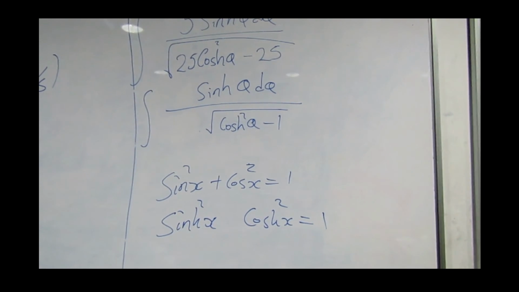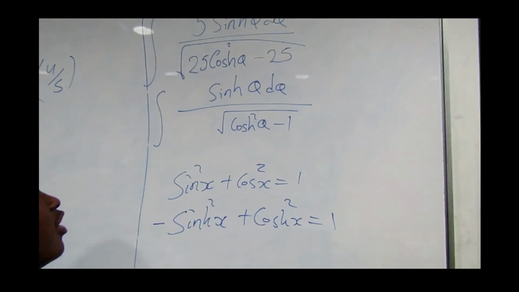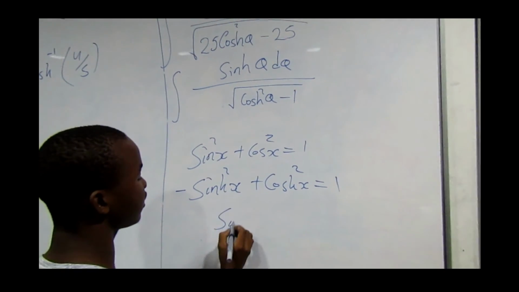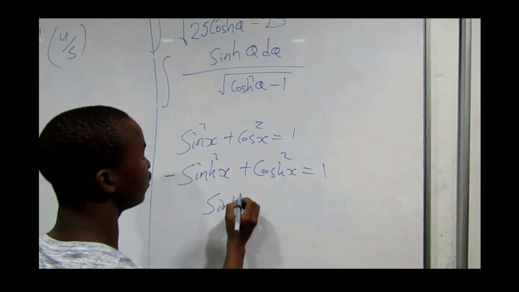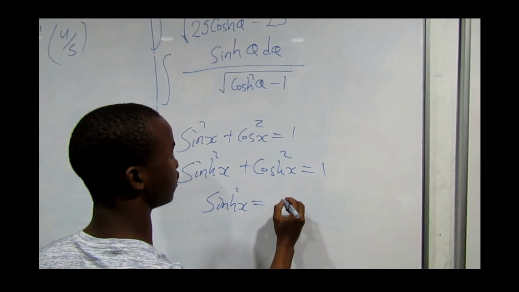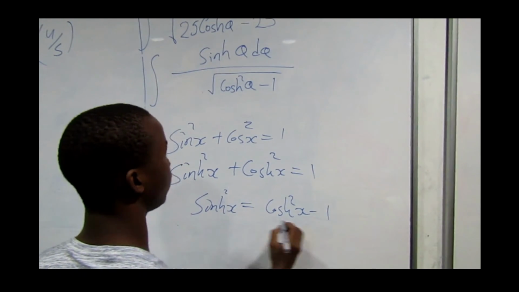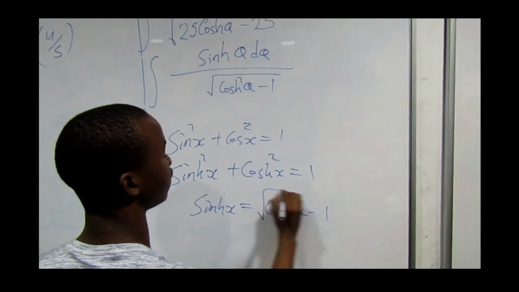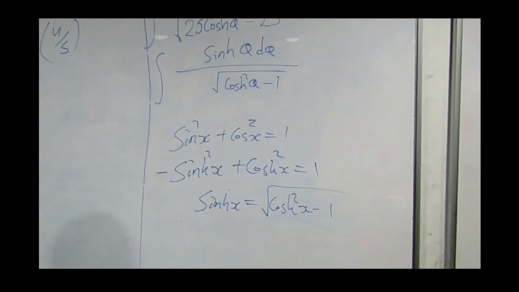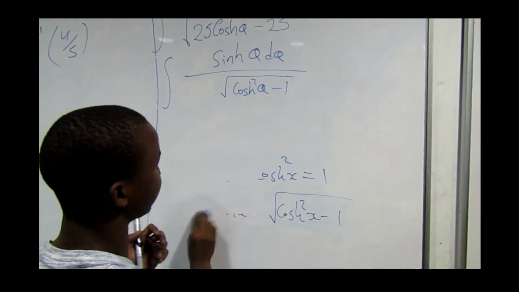But you must note that always when there is sinh square, you put negative then positive, so we make sinh the subject of the formula. Sinh square is equal to cos square x minus 1. We are going to remove this and substitute this accordingly using this identity. Then from there on, we are done.